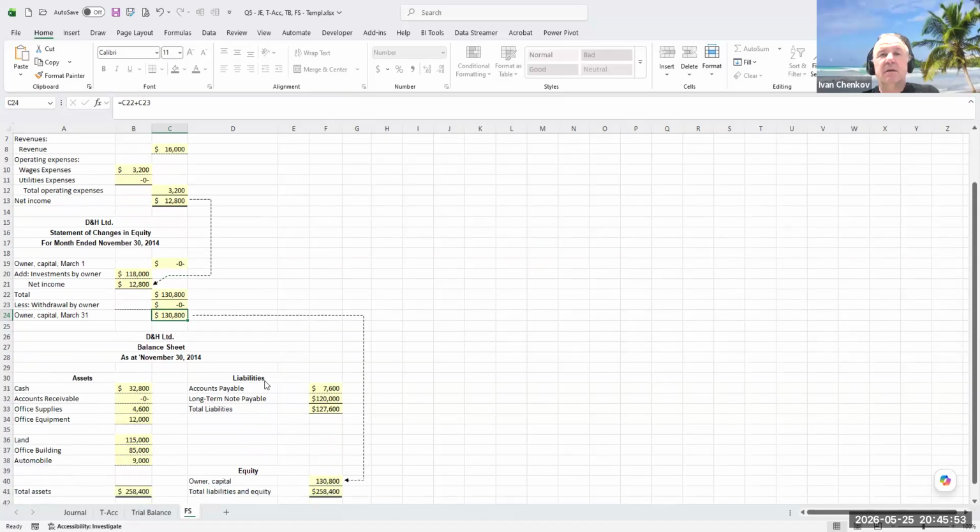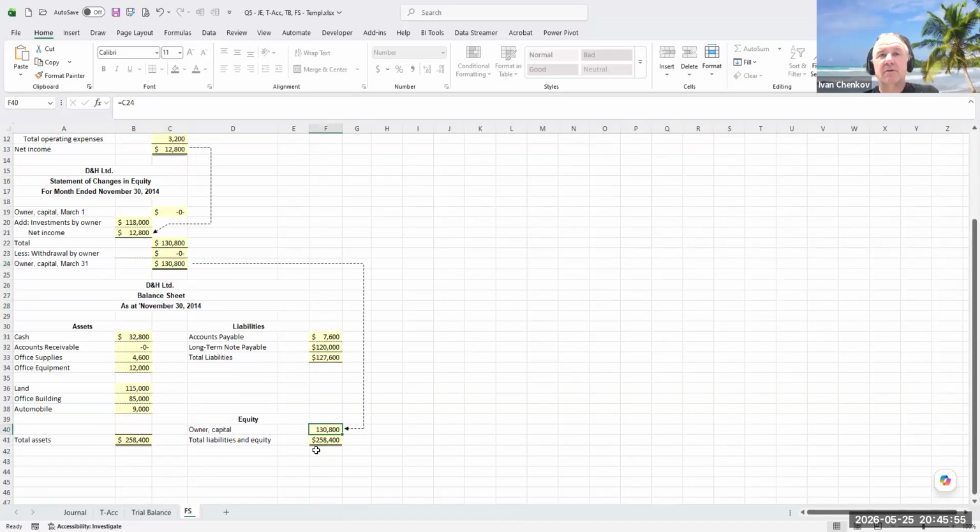Now let's see. That's your liability, that's your equity. Where are the assets? Well, the assets we have are cash $32,800, office supplies $4,600, office furniture of $12,000, land, office building, and automobile, total of $209,000.